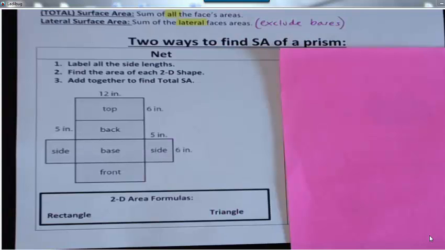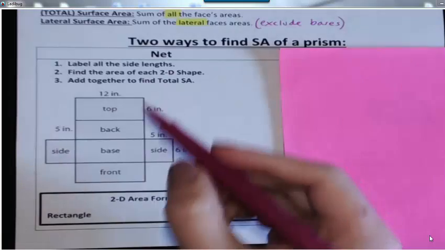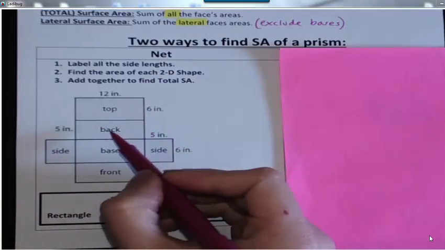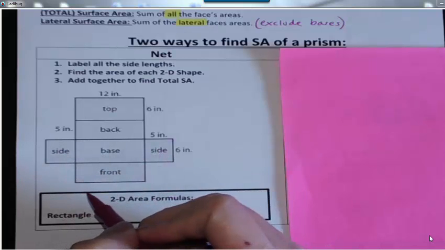The first way that we can find surface area of a prism is from a net. And remember that a net is just really unfolding a 3D figure to make it flat. So the first thing we want to do is label all the side lengths. Notice that they're going to give you some side lengths. If I break this all down, all of these shapes are rectangles.